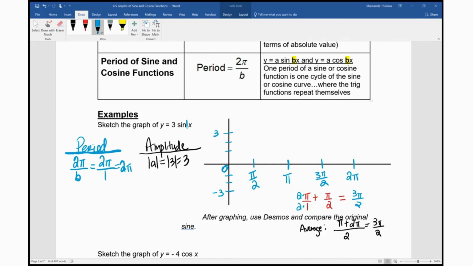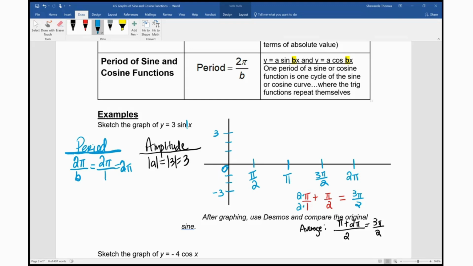Now we know for sine, where does sine cross the x-axis? Does anybody remember? Where does sine cross? Sine crosses the x-axis where?